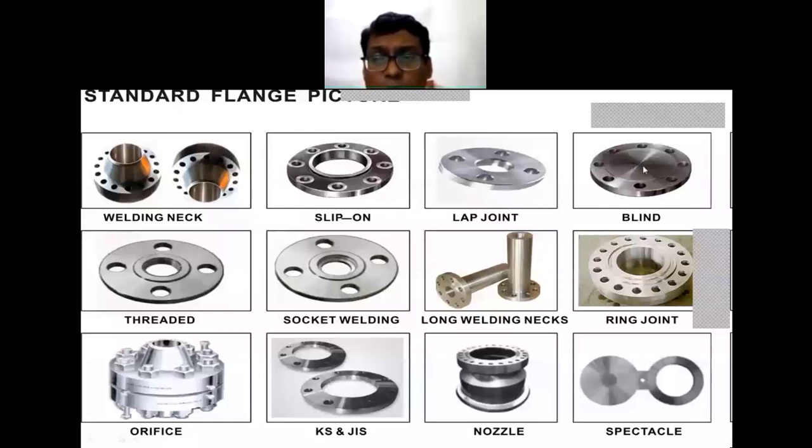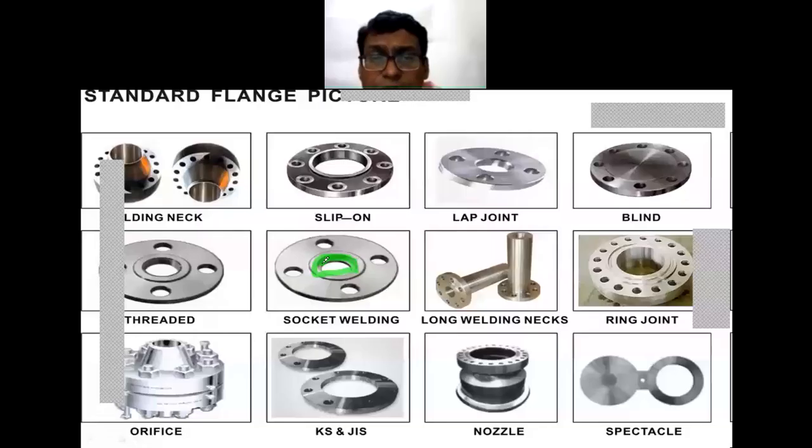These are the most common types of flanges. This is the threaded flange, where inner threads are available. Then the socket welding flange. In this case, the groove is available to form a socket, and here you can see the groove that is available.